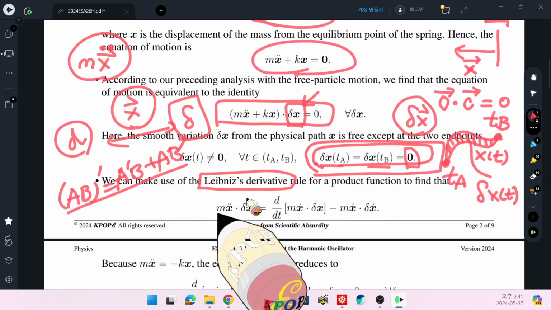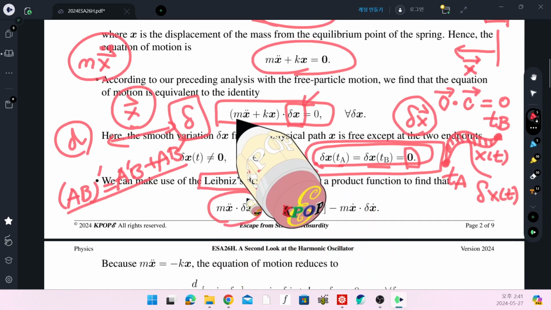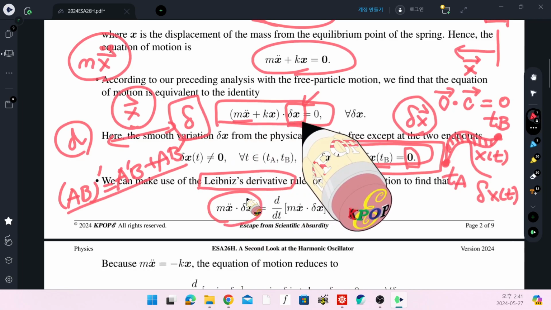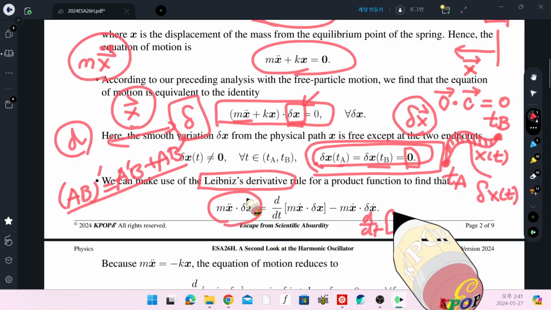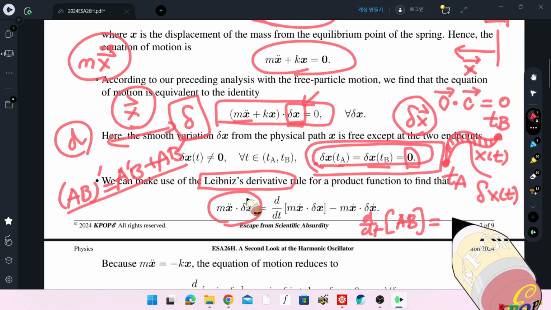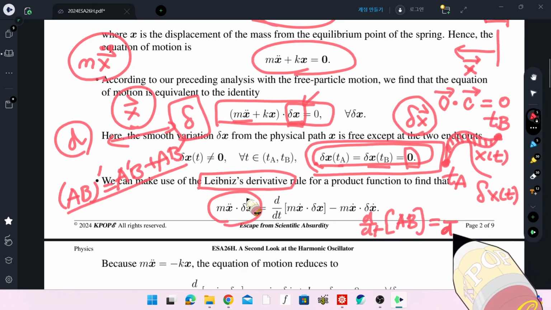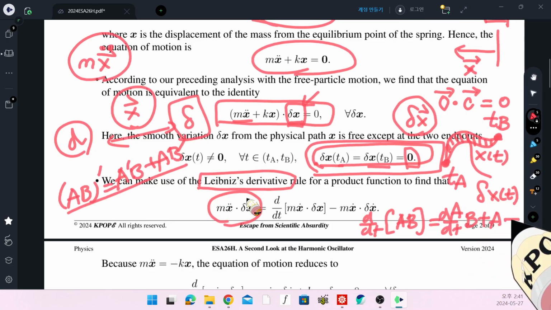All right, we'd like to compute this one that appears as the first term. This one may come from the derivative of a b, that is the time derivative of a b, and a time derivative of b.